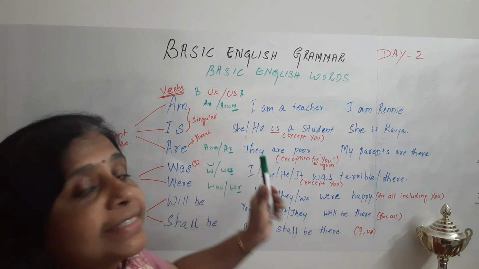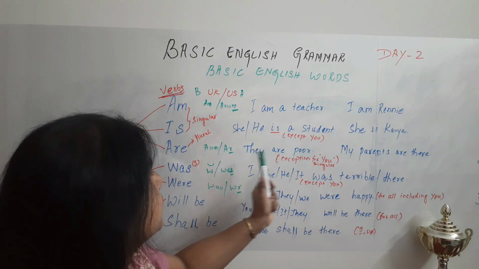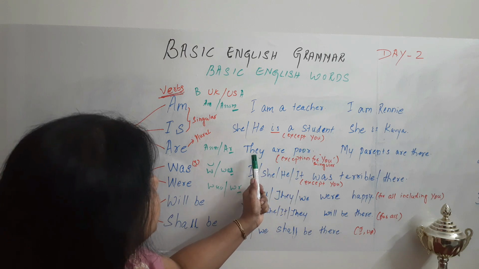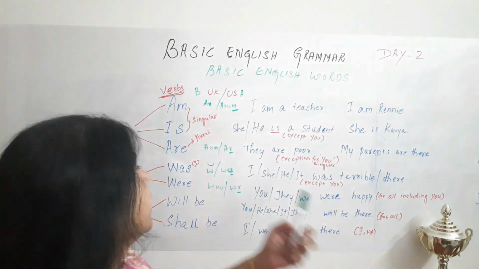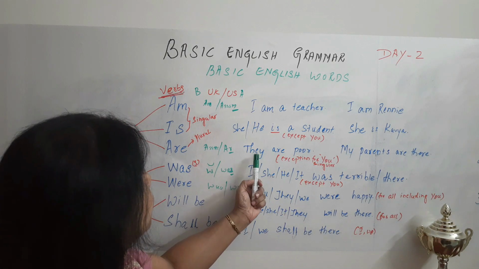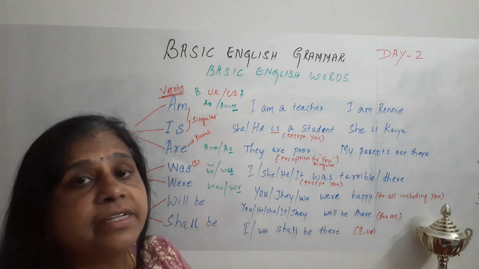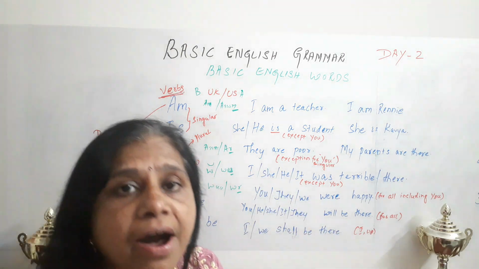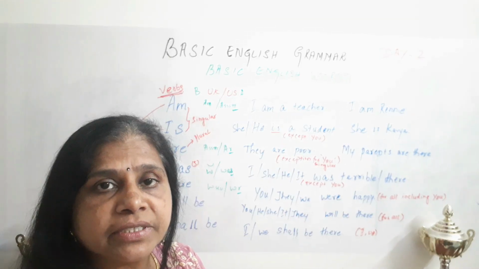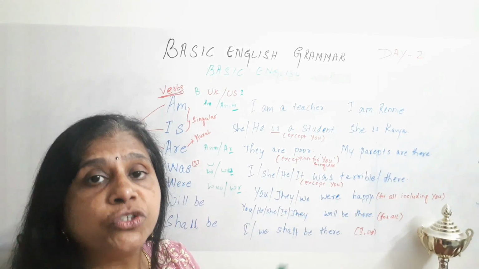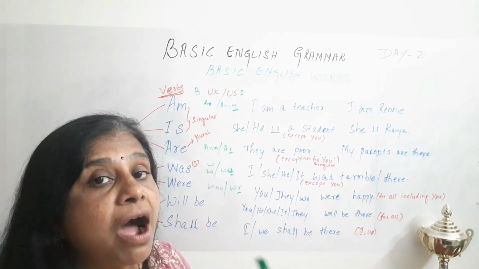So how to make the sentence using are? They are poor. They are poor. So here they means many, two or more than two. They are. So for plural we are using are. Okay. And here one exception is there for are. That is, even though you is for a single person or for singular, in that case also we use are.